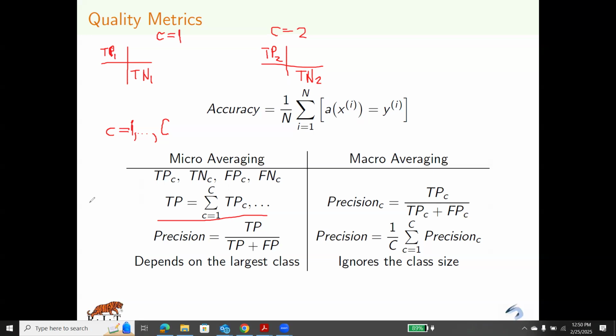Let's think about macro averaging. For example, our model misclassified all points from this underrepresented class. It means that precision with index 1 will be 0. And when we take the average, here we divide by the total number of classes. This metric will be smaller if our model made mistakes even on a very underrepresented class.